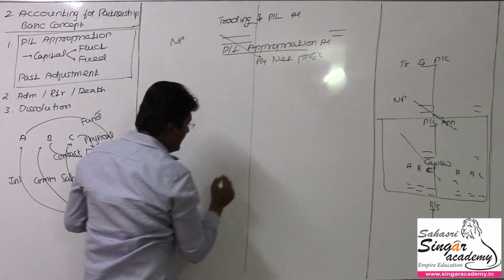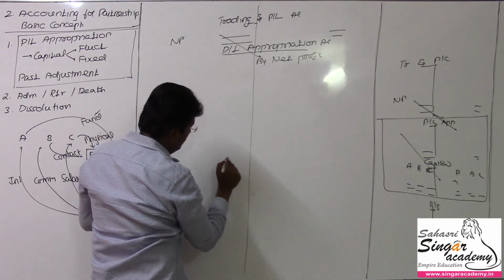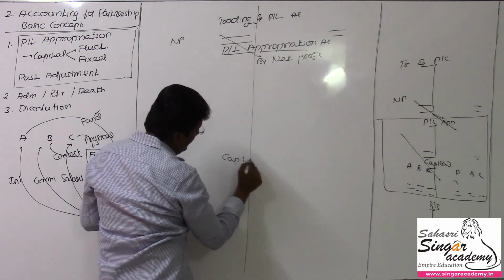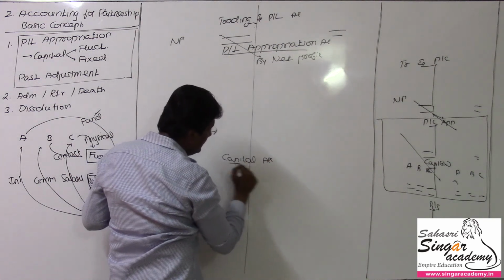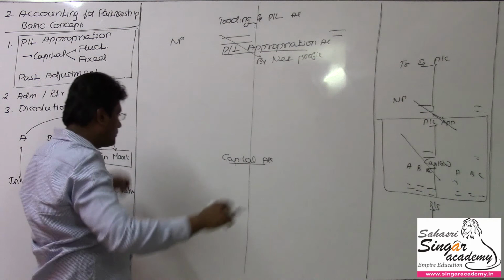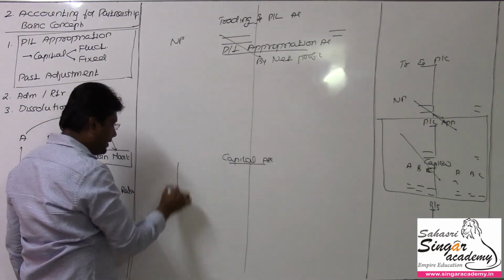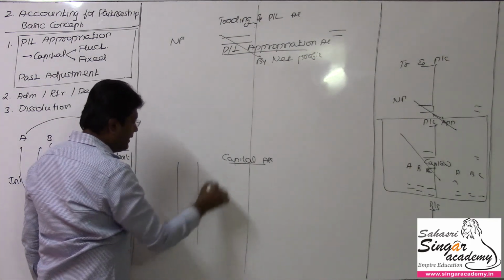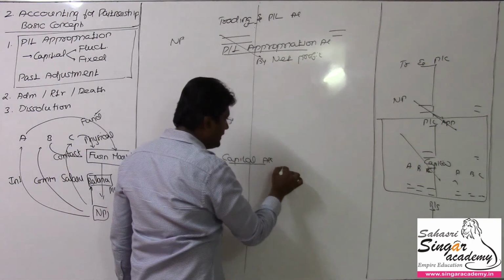Then I need to prepare the capital account. I am going to prepare the capital account here. Under the capital account we have columnar form, three partners. So for the three partners I have three columns here, on the debit side as well as on the credit side.